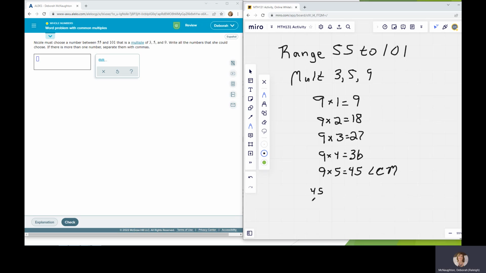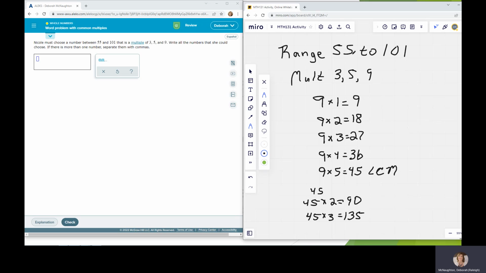That's the first common multiple, and then 45 times 2, which is 90. That's our second common multiple. 45 times 3, which is 135, is our third common multiple.